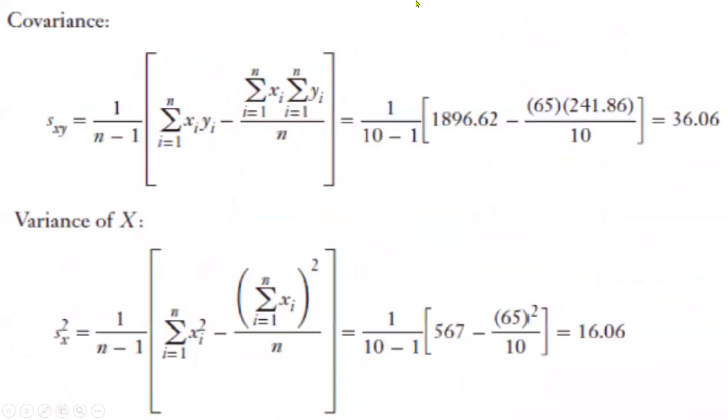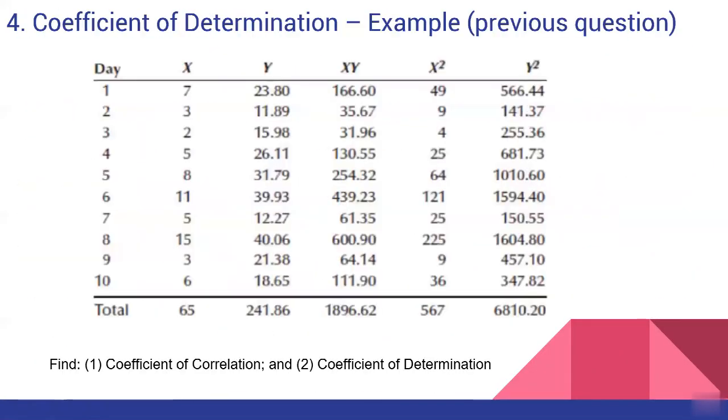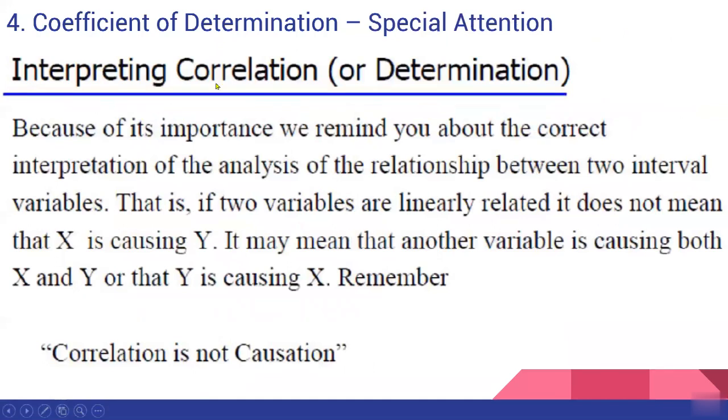Okay. One additional thing I need to mention is that when you interpret the correlation or determination, you have to be very careful. Because of its importance, we remind you here about the correct interpretation of the analysis of the relationship between two interval variables. That is, if two variables are linearly related, it does not mean that x is causing y or y is causing x.